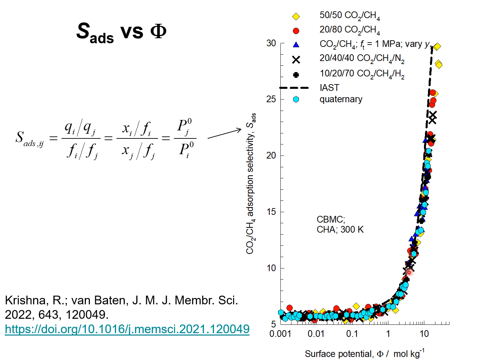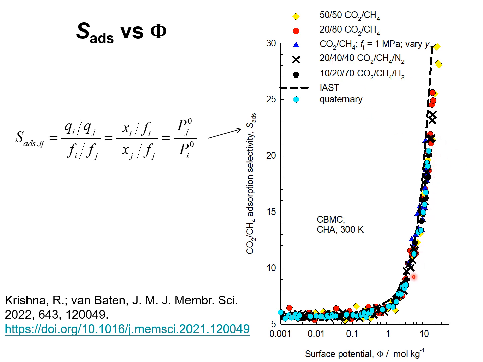The blue triangles represent mixtures of CO2 and methane in which the total fugacity is held constant at 1 megapascal, and the composition of the mixture is varied from 0 mole fraction CO2 to a mole fraction of unity for CO2. The crosses represent ternary mixtures of CO2, methane, and nitrogen in the proportion 20-40-40.